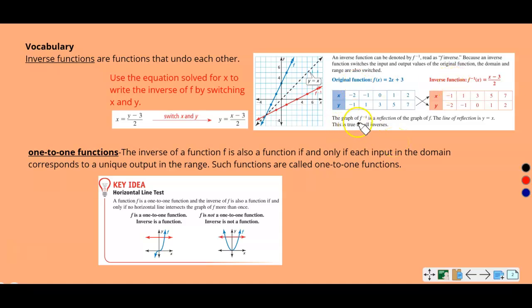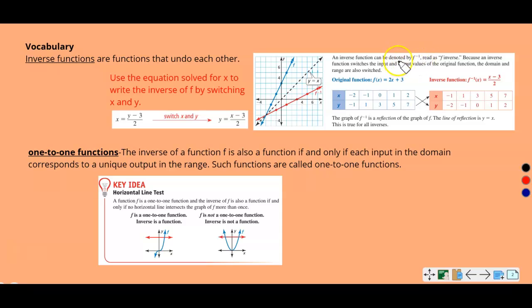And you can see that the graph of f inverse is a reflection of the graph of f. The line of reflection is y equals x. So you're always going to reflect across that y equals x line, and that's true for all inverses. And this f raised to the -1 power, you don't read that as f to the -1, you read that as f inverse. Anytime you see this in function notation with the little -1, that is the symbol for inverse.